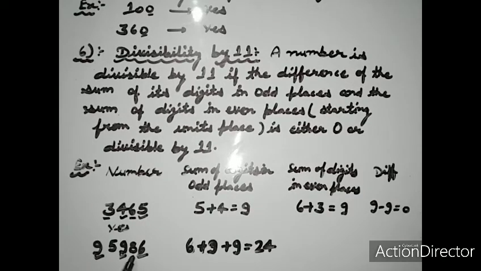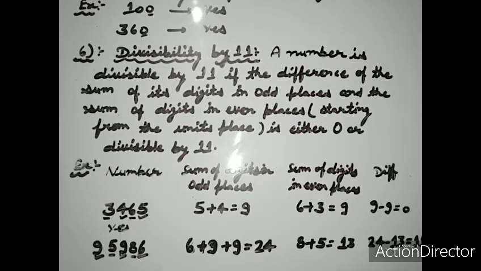After that we add 8 plus 5, and we get 13. Now we subtract these two numbers, 24 minus 13, and we get the difference 11.